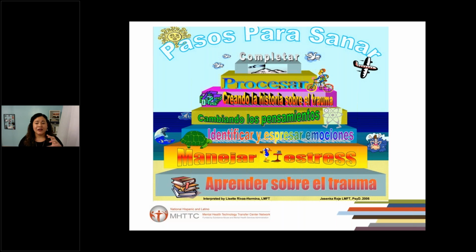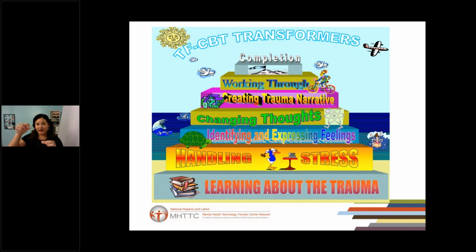One of the things that a friend of mine did in our center is that using the big Legos, the mega Legos, we made a stair, and in each of the stairs we wrote down the different components, like learning about trauma, managing stress, and things like that. And then we have a Lego that the client can move up every time they accomplish one of the components. So this is something maybe you can try to do.